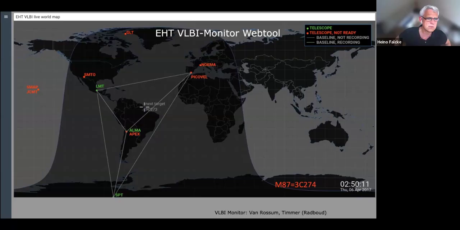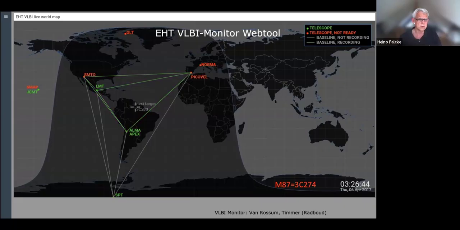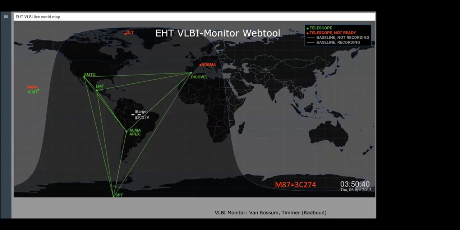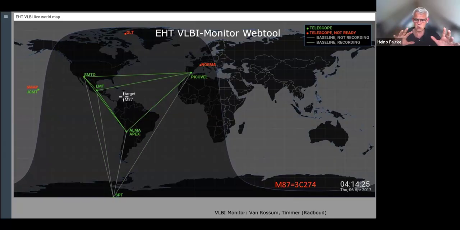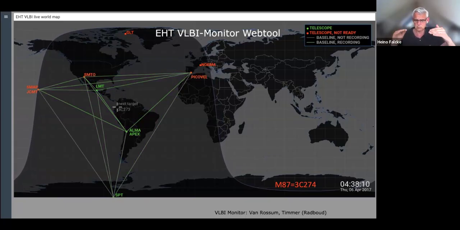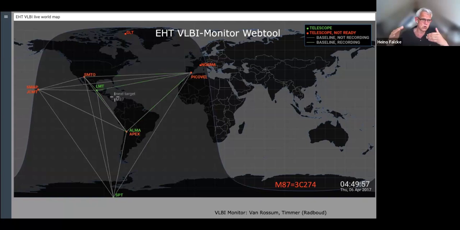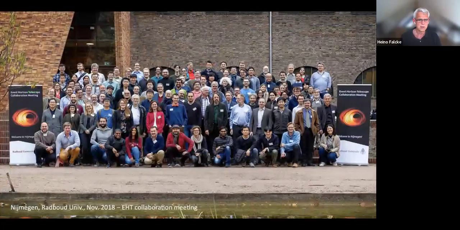These are M87 and then 3C273 and 3C279, which are famous bright quasar strong radio sources, which we take as calibrators, but also to check our imaging. And so as the Earth rotates, more and more telescopes can see the source, and we get more and more perspectives, more and more baselines, as we say, and the image will get better and better.